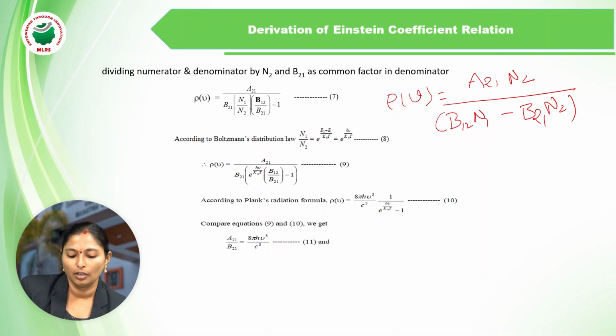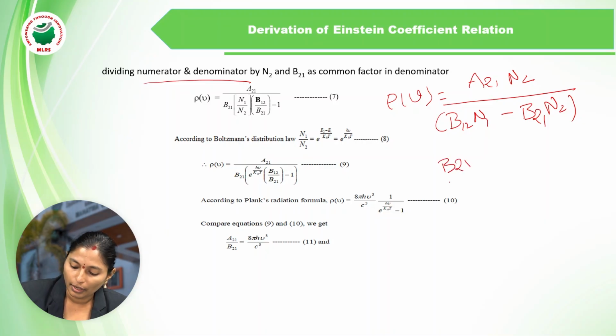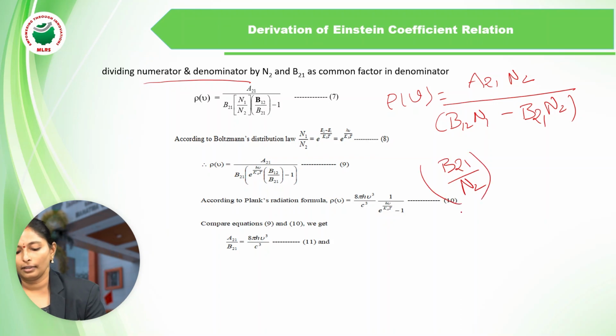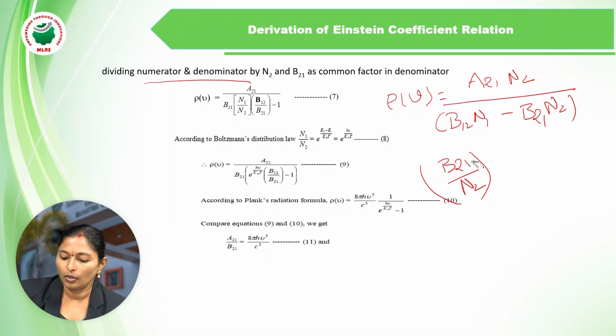We are going to divide by B21 by N2, for both numerator and denominator. See how we will get this relation.